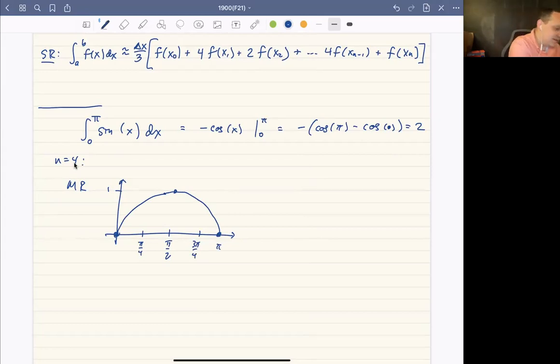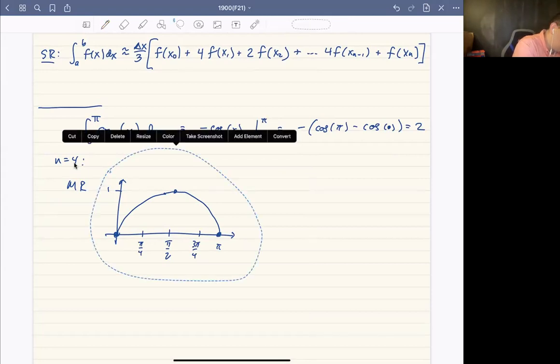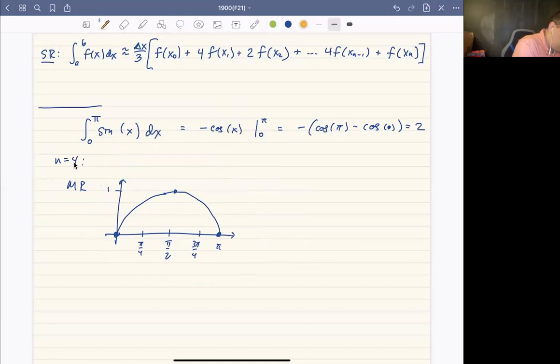The midpoint rule says we're going to take our rectangles, and the height of each rectangle is determined by the value of the function at the midpoint. So we're going to get something like that. This is probably going to be symmetric because sine is symmetric about pi over 2, at least from 0 to pi. And so we're going to add up these values.